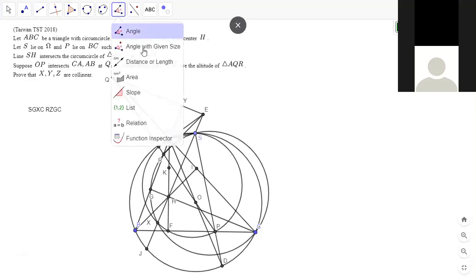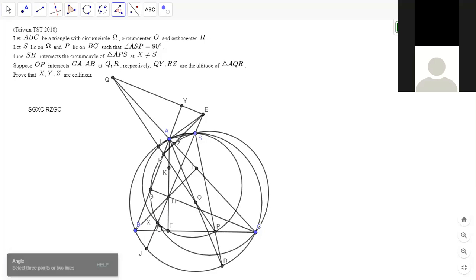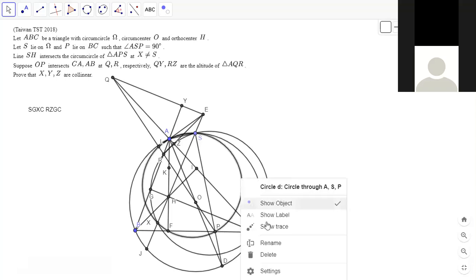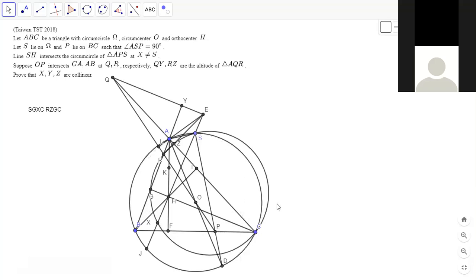I don't think so. No. Okay. So yeah, let me hide that circle for a second, just so we don't get confused. So this circle right here, let's hide it.